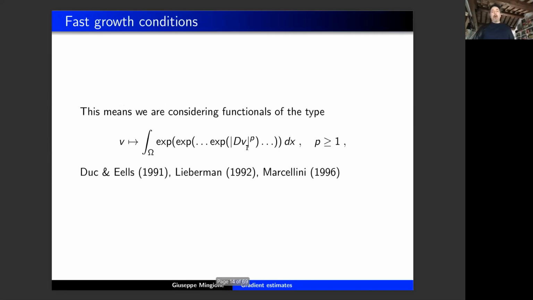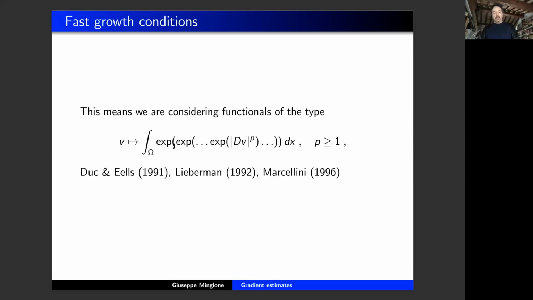And then there are wild examples, like when you combine several exponentials. It is one of the paradoxes of this theory that this functional that should be hyper-regularizing with respect to the gradient boundedness, because when you penalize the energy, it tends to keep the gradient lower and lower because of the fast growth condition.